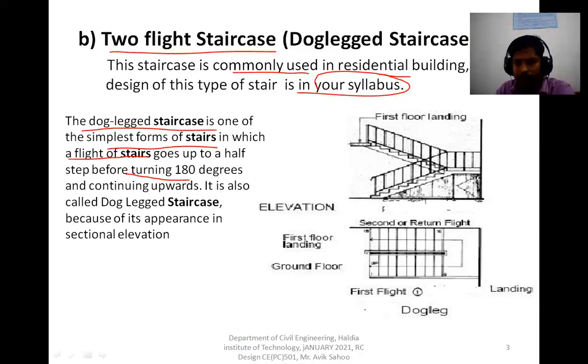So you see that here you are going up, then the 180 degree turn, and again you go up and reach the floor. This is a plan view, that means the top view. The top view is drawn here. This portion is called steps, and this is a riser, and the flight portion is a landing portion.